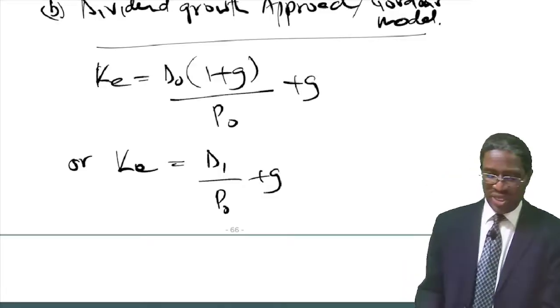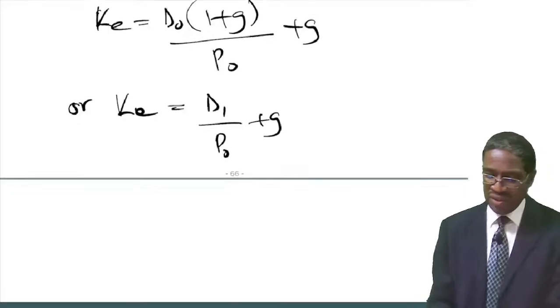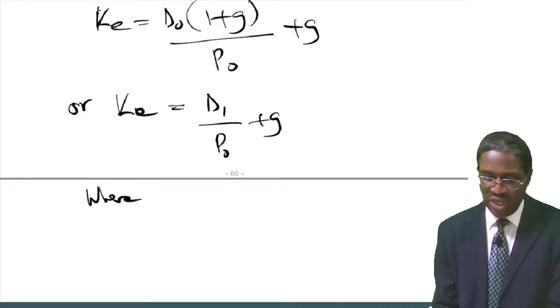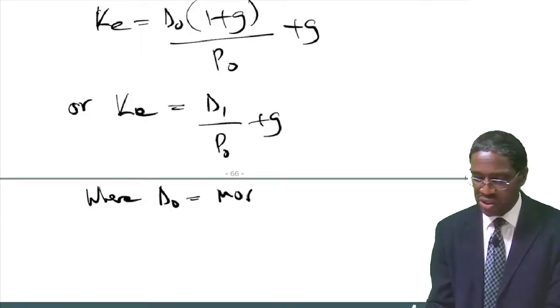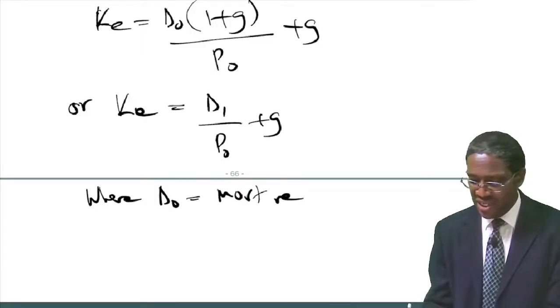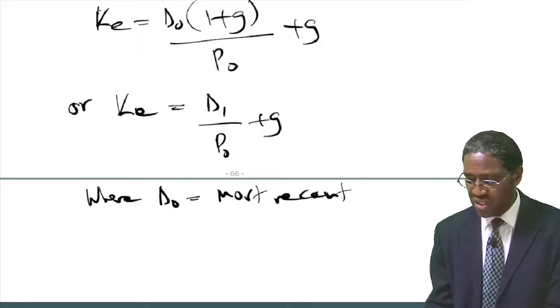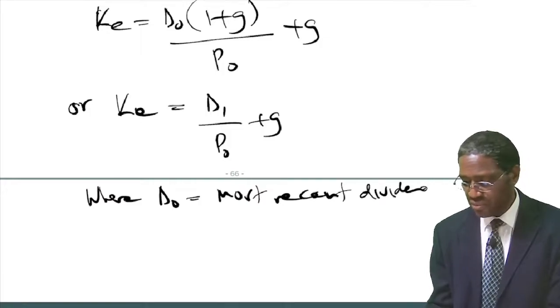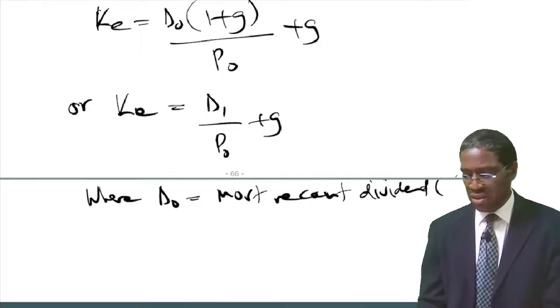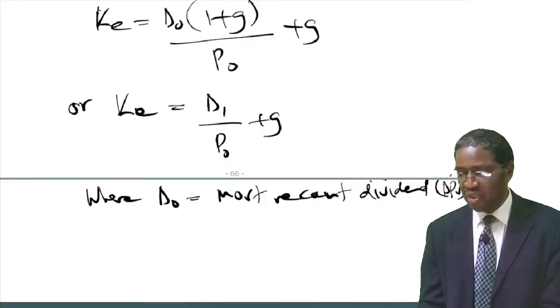Then you can say, where D0 is the most recent dividend, in bracket dividend per share.